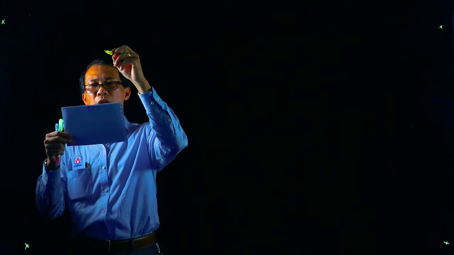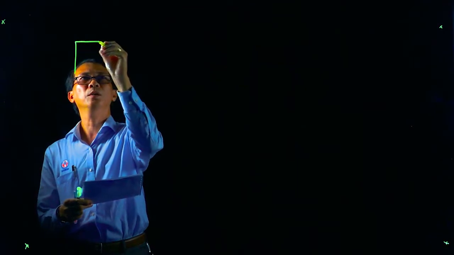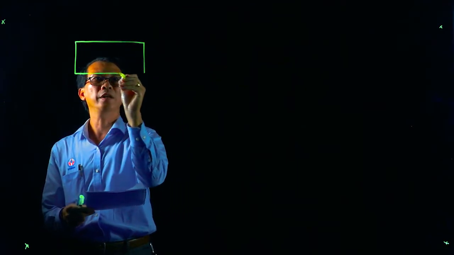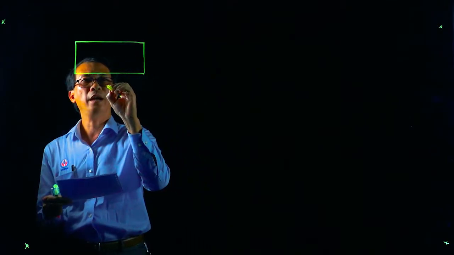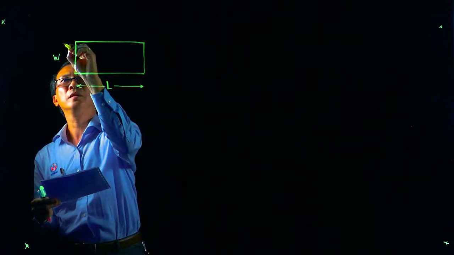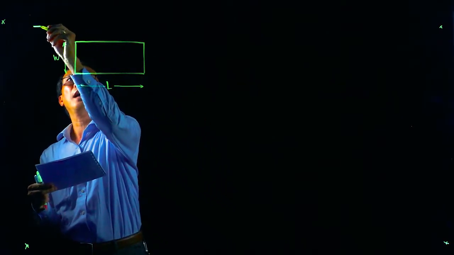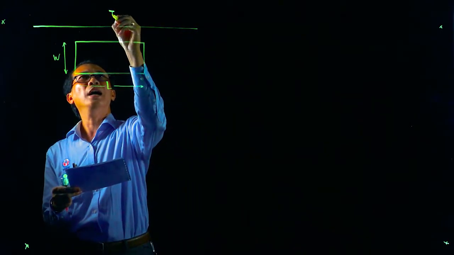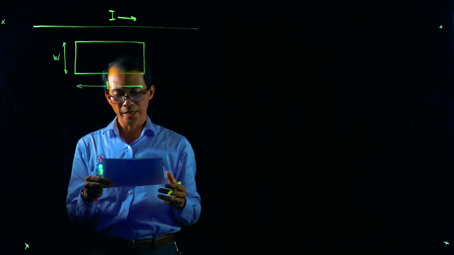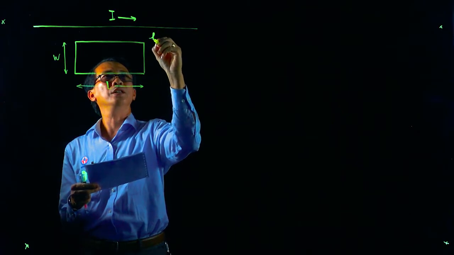We have here a loop of wire in the shape of a rectangle, with length L and width W. This loop is close to a straight line with current I from left to right, and the distance between the line and the loop is h.